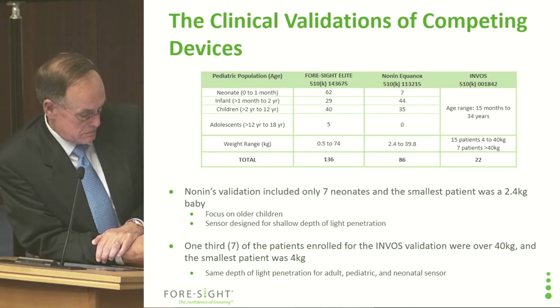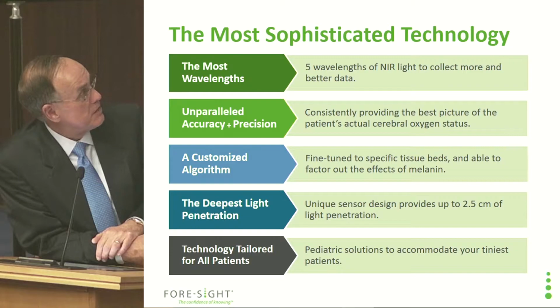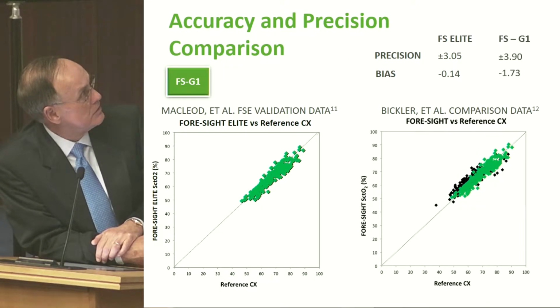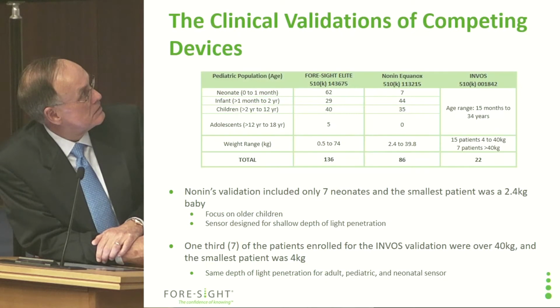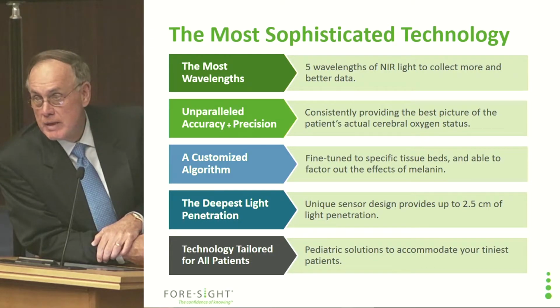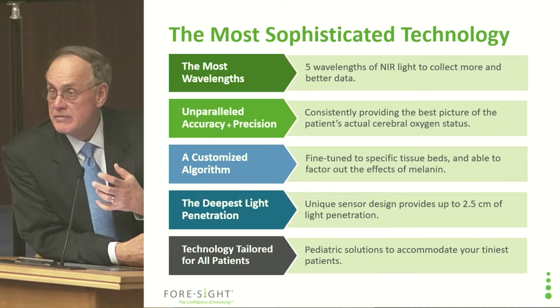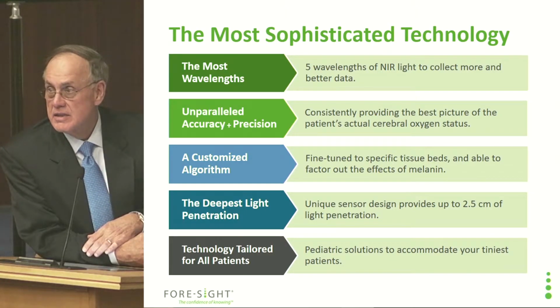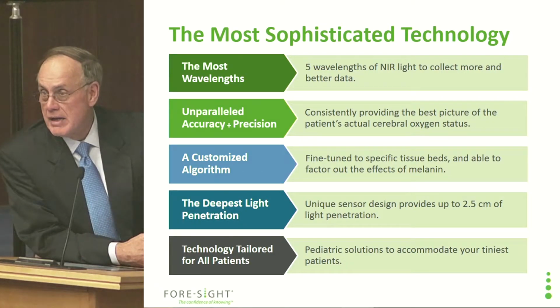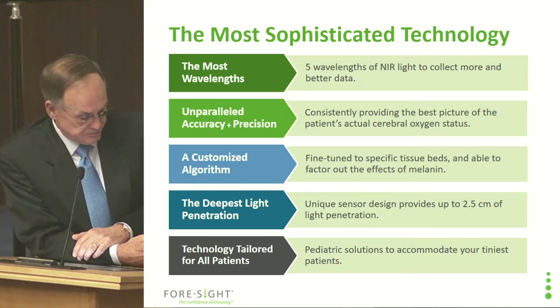We have the deepest penetration of light to interrogate the maximum amount of tissue. And then, in addition, we have computer programs for both pediatric patients and adult patients. And that's very important because obviously the anatomy of a child is significantly different than the anatomy of an adult. So you wouldn't want to use an adult monitor on a pediatric patient.